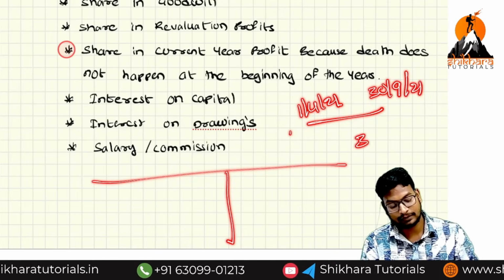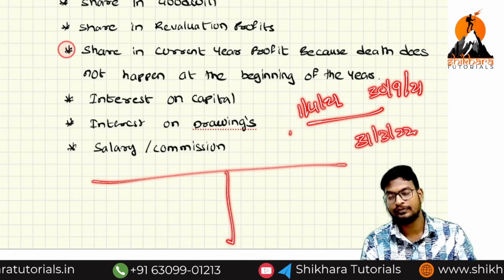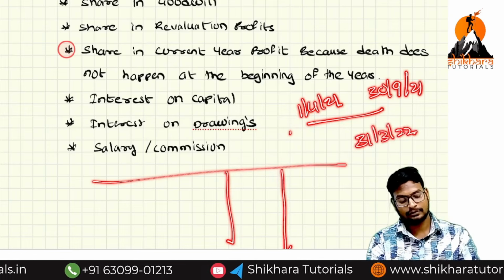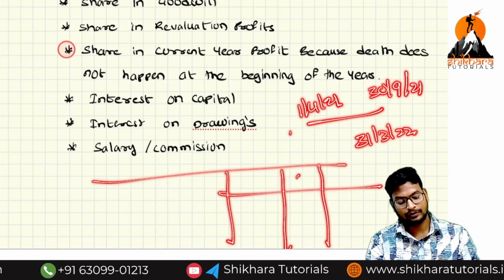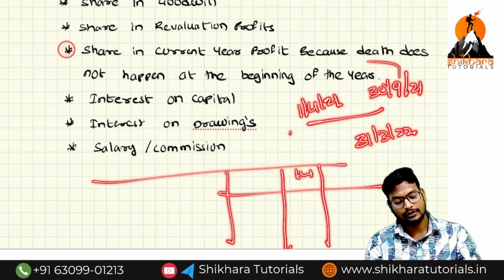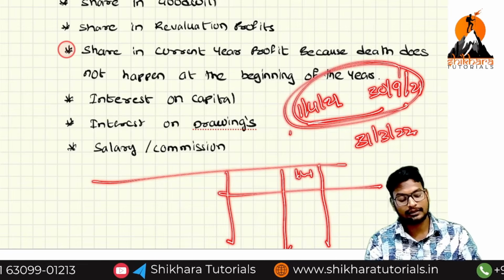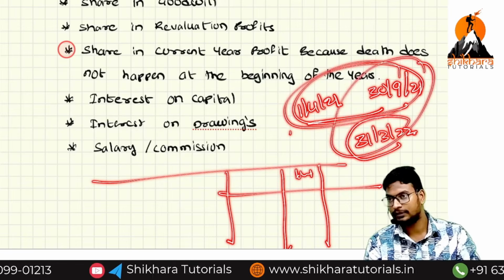The current year ends on 31st March 2022. So we need to prepare 2 parts: one column from 1/4/2021 to 30th September 2021, and another column for the remaining period. Okay now.